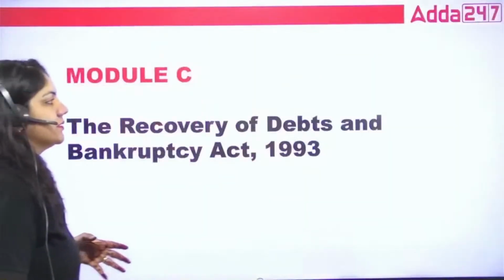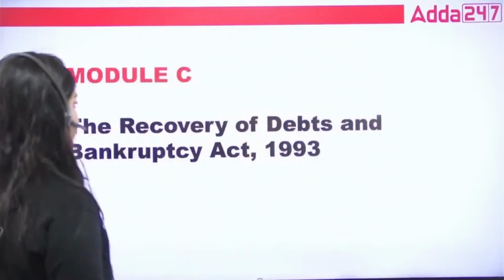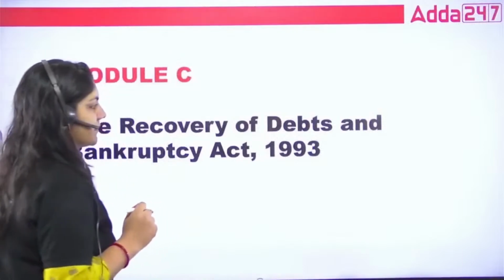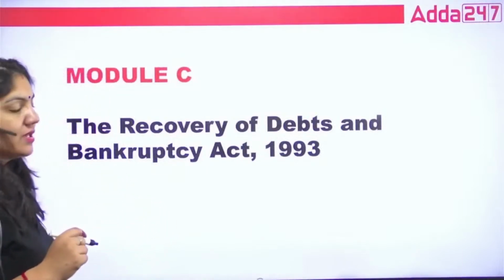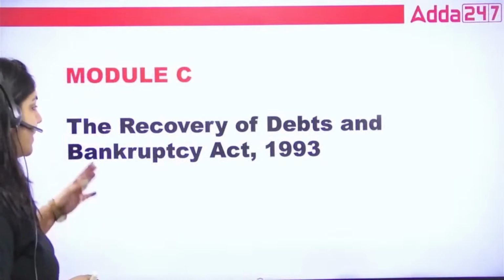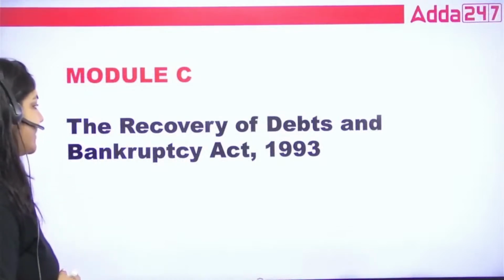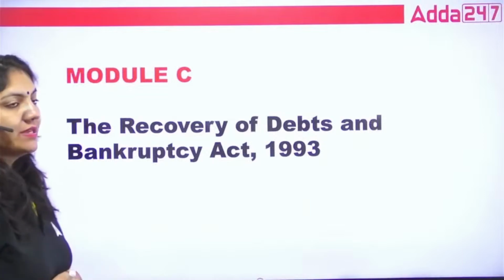We are doing the definition terms, which are very important from the examination point of view. Today we are going to finish two acts. Yesterday we did the SARFAESI Act, and today we are going to finish Module C. In Module C, the Recovery of Debt and Bankruptcy Act and the MSME Act, these two acts we will finish today.